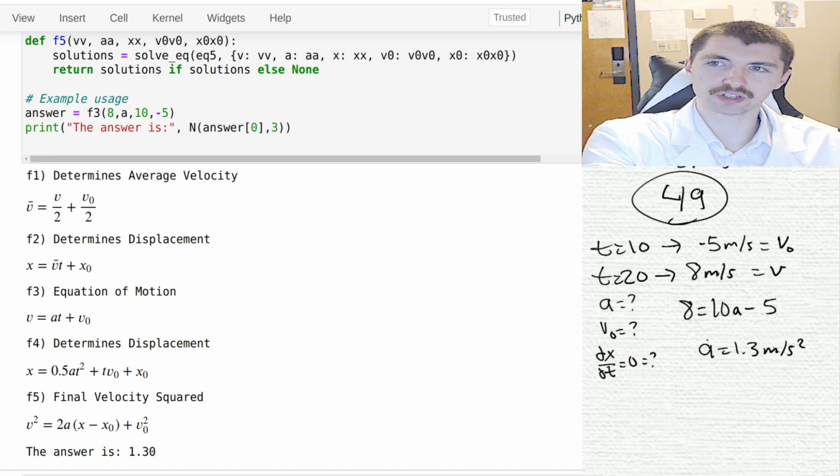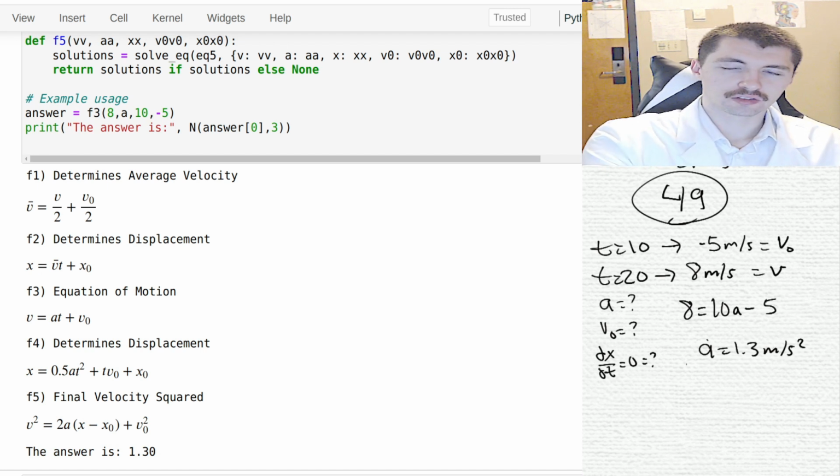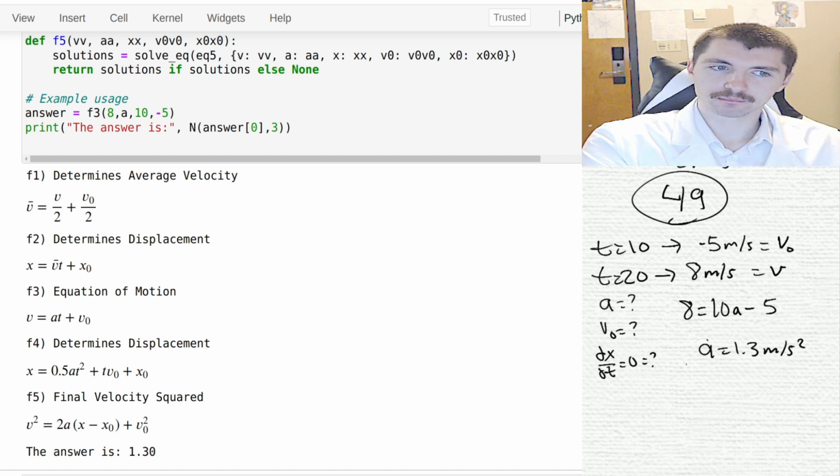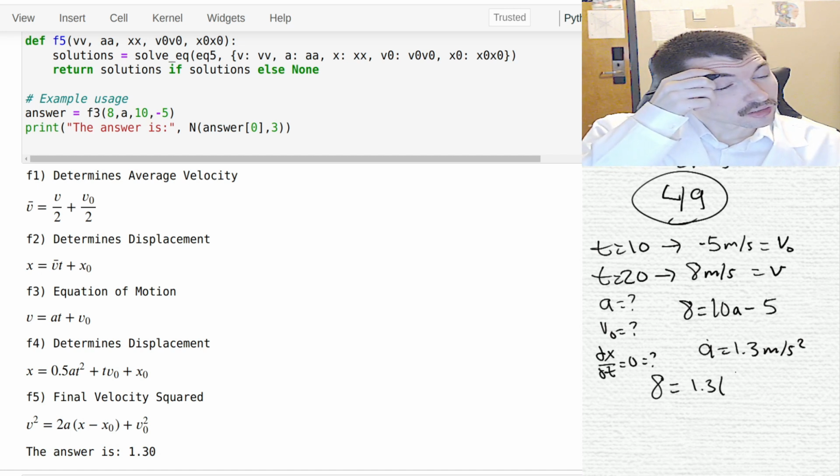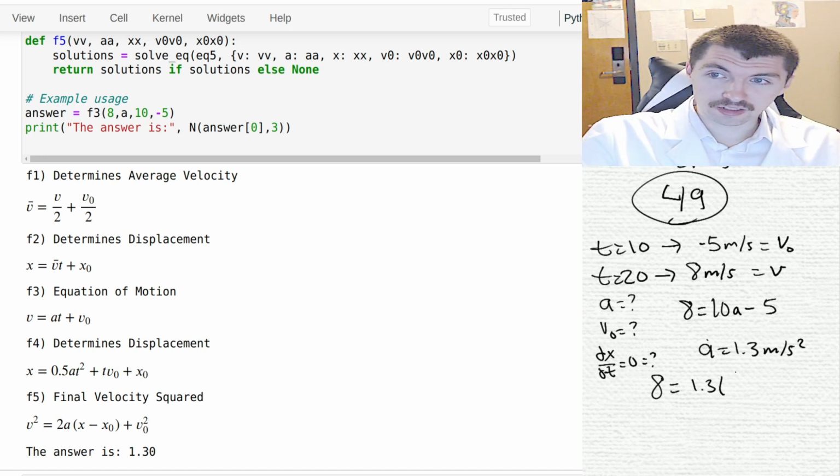Okay, now we want to get V naught. So we want to find V naught. If V is 8, so now we're going to do 8 equals 1.3 times the full time. It's at 20, or 10.